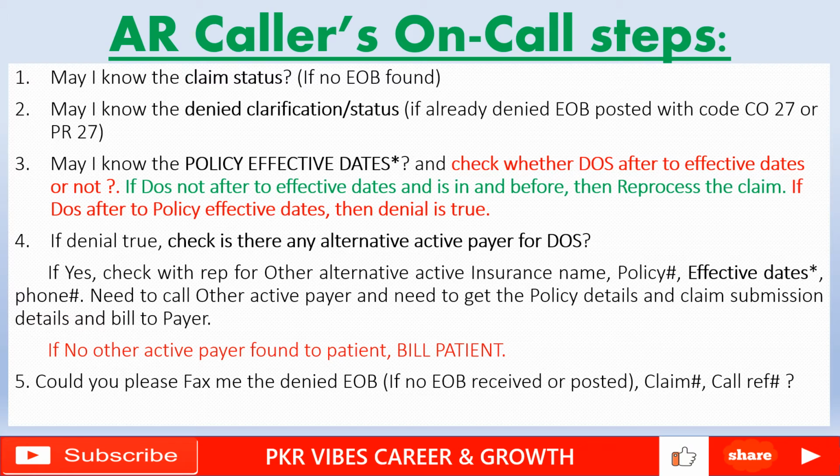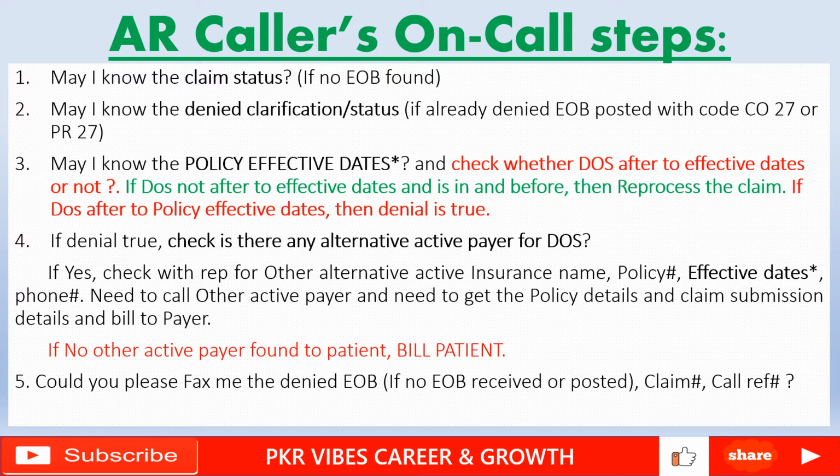So we don't know the status of this claim. At that time, as an AR caller, you should call the insurance and say, hi, I am calling from so and so provider's office checking on a claim status. Because you don't know the status, your first question is, may I know the claim status please.